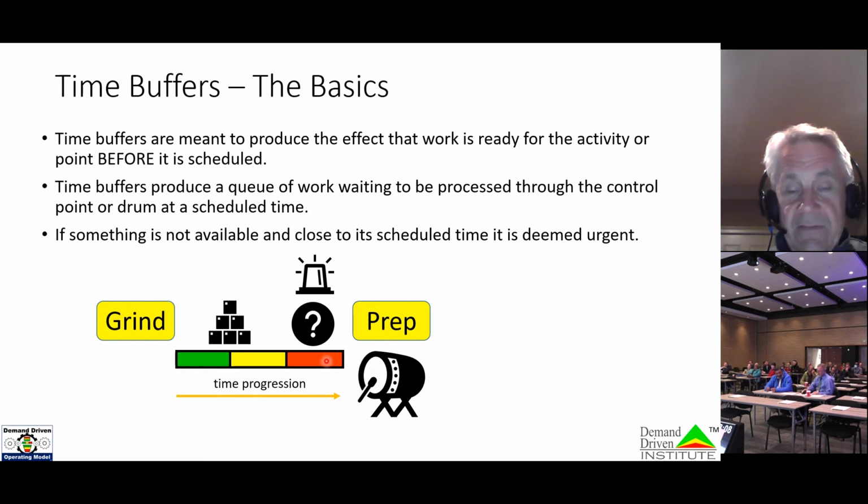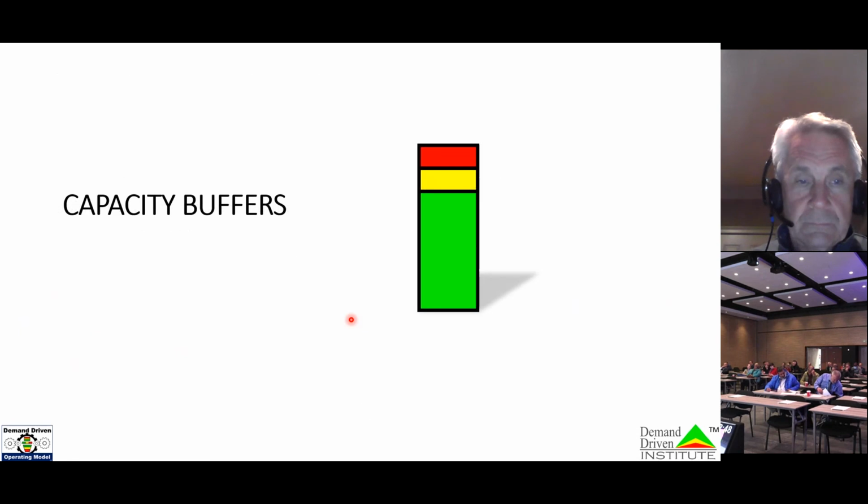So not only does the time buffer provide an insulation for the upstream variation, it's also a critically important signaling point to help us ensure that we're focusing on whatever execution expedites and actions we should be taking to ensure we protect that drum schedule.